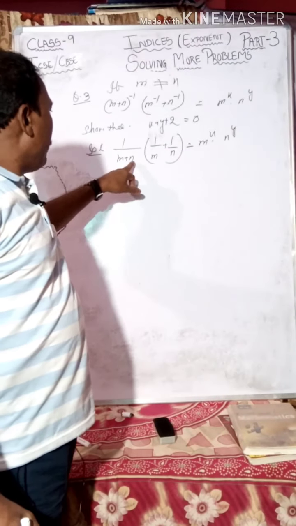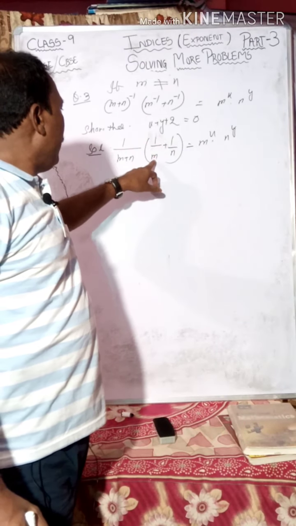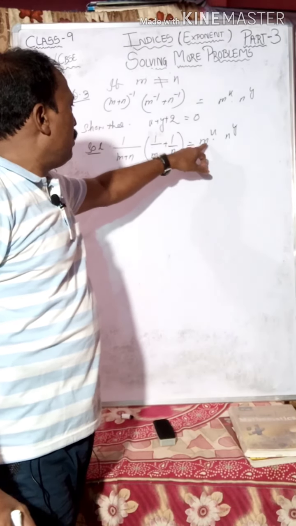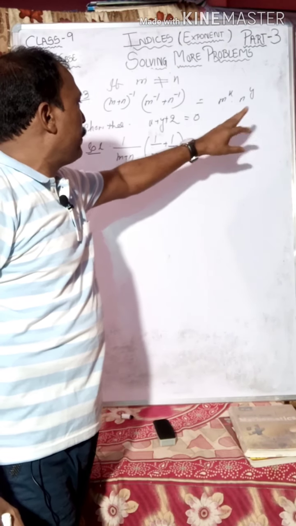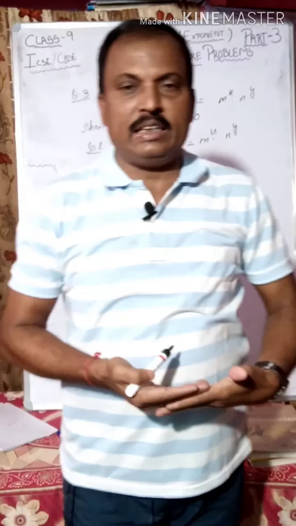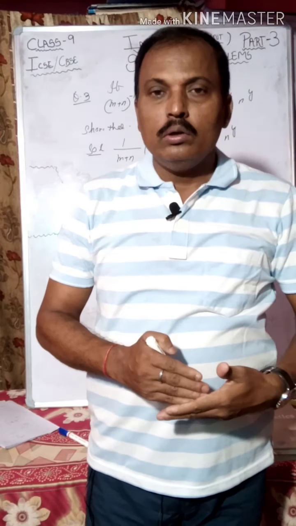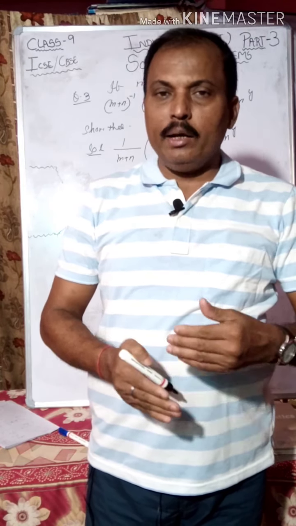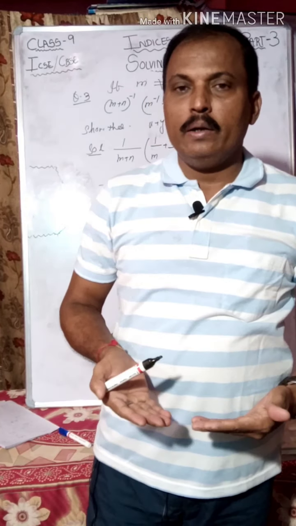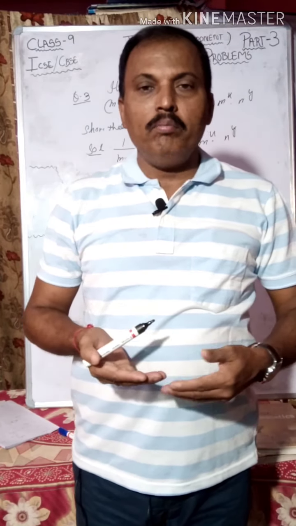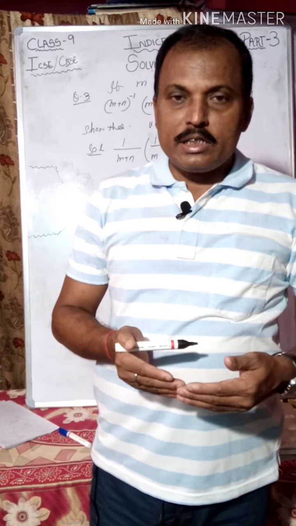This implies that 1 upon m plus n into (1 by m plus 1 by n) is equal to m to the power x into n to the power y. Now the minus index is changed into plus index, or the negative index into a positive index. That's why the problem will be simplest.